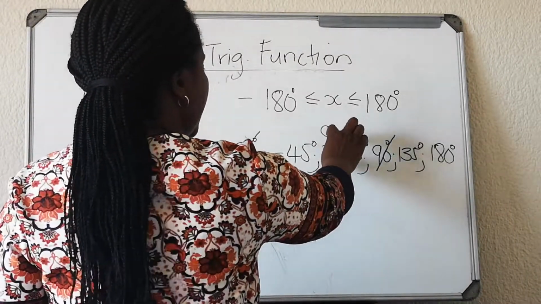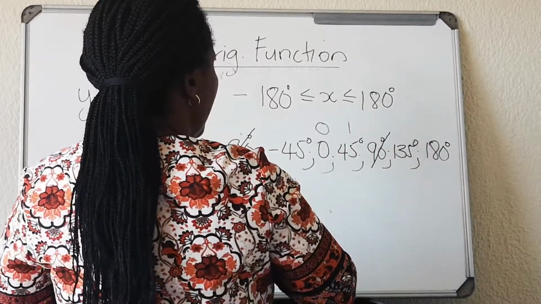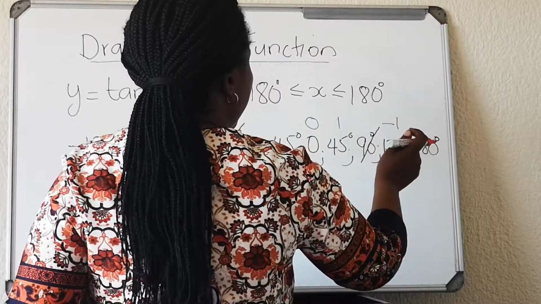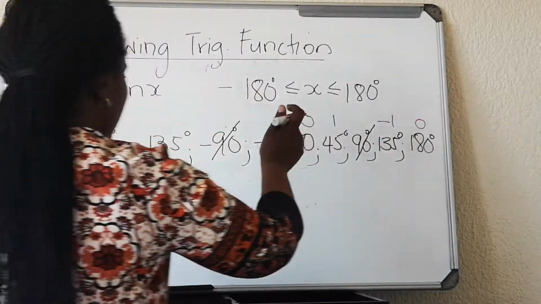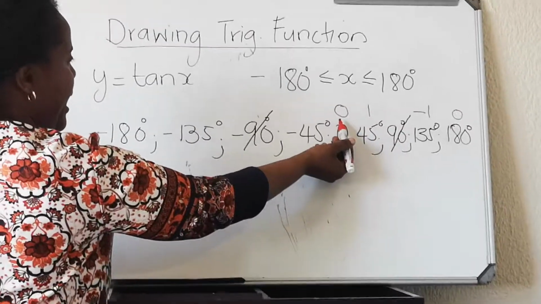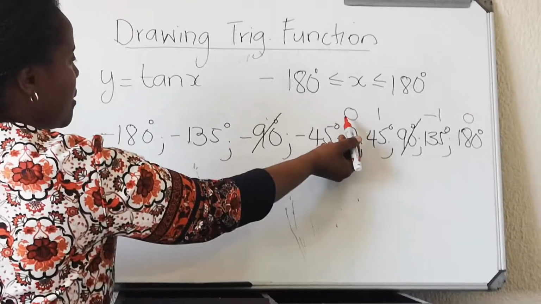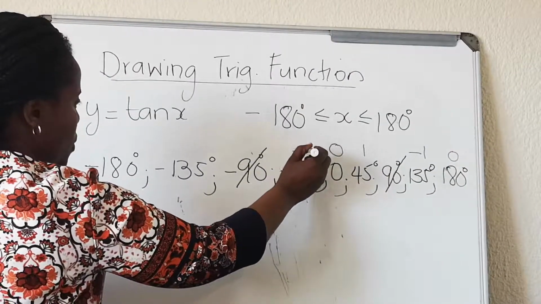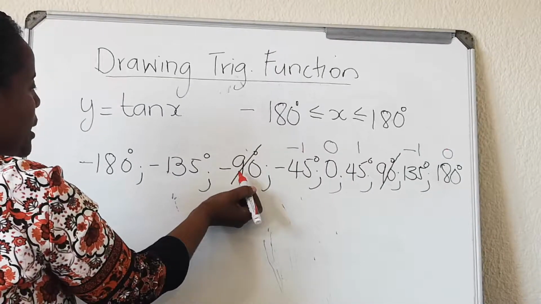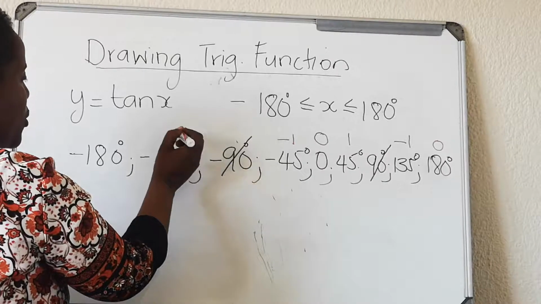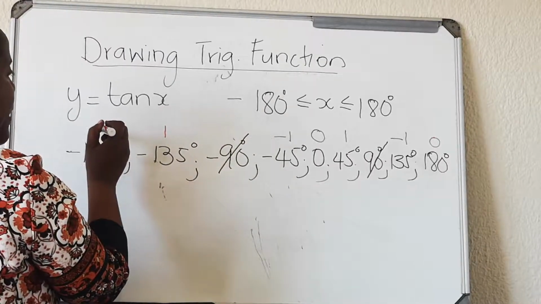Then you write your 0, then the next one is 1, then minus 1, then 0. Then on this side, you have a 0, then a minus 1, then your asymptote here, you're not going to have a value there, then you're going to have a 1, and a 0.